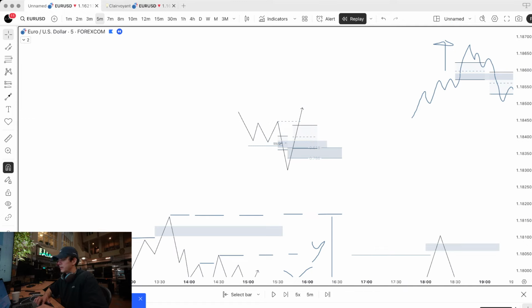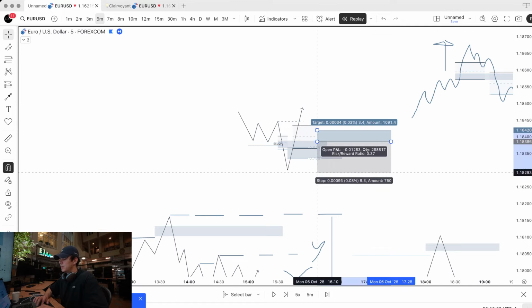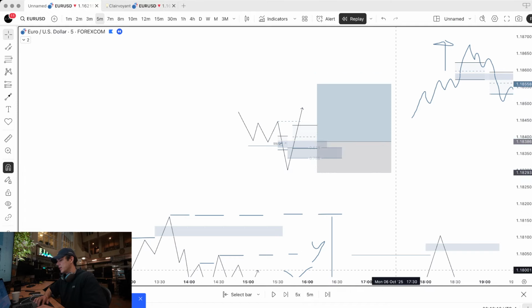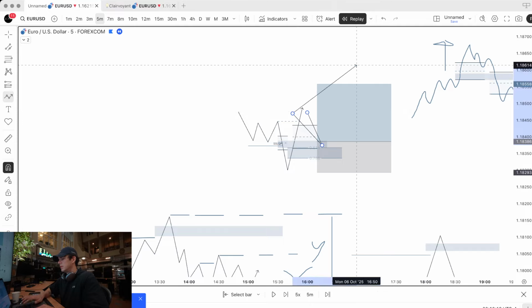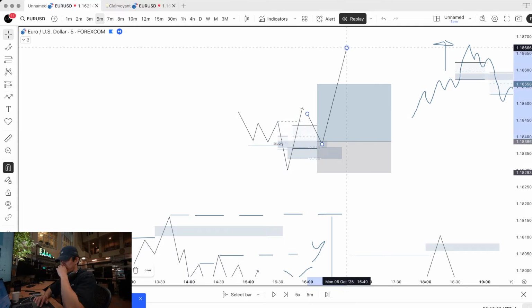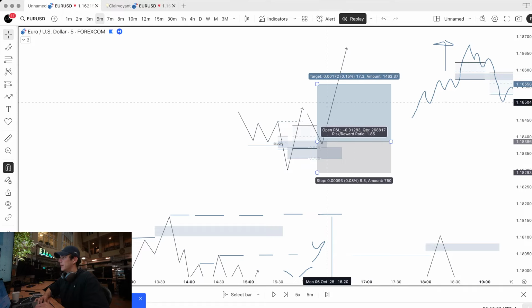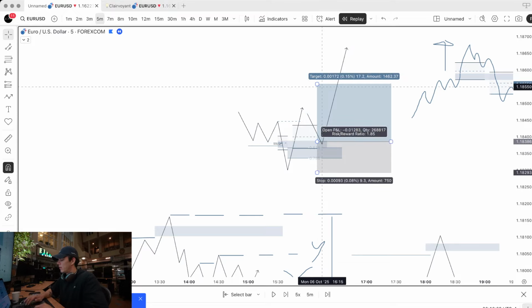This is where you can use BPRs in your entry model, as an area to refine your entry, and get a very precise area for your E1.